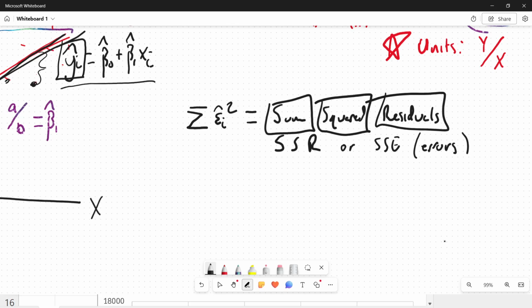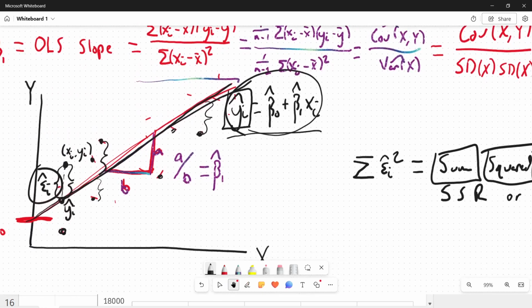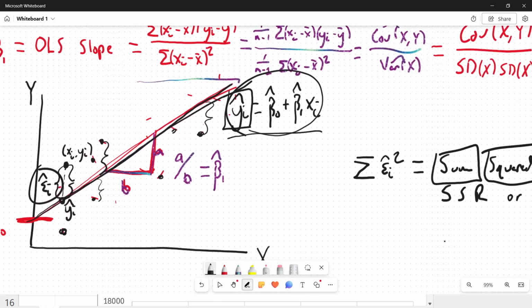In order to minimize the sum of squared residuals using calculus and solve for beta 0 and beta 1, I'll go ahead and write each epsilon as a function of beta 0 and beta 1. Remember, epsilon is the distance between the yi here and the yi hat. So if epsilon i hat is the difference between what actually happened and what the model predicted, yi hat is just beta 0 plus beta 1 xi.